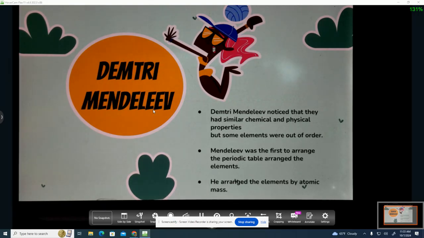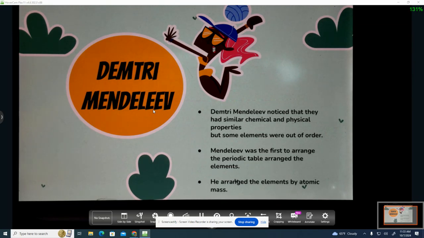And that is, once he arranged these elements in order, he realized there were spaces on the periodic table where there should have been an element, but that element had not been discovered yet. And so he said, I'm going to look at these elements and I'm going to predict an element is going to be found in the future and it is going to fit in this spot based on the properties of the elements that are around it.